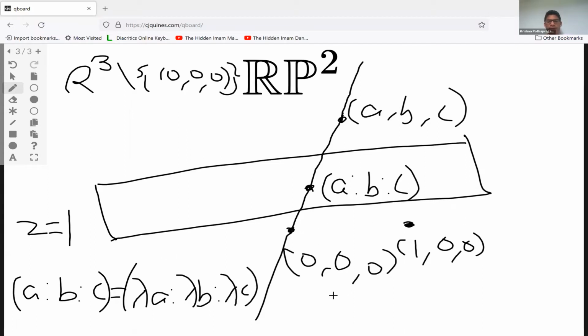You can put in the chat, you can tell me. So like 1, 0, 0. It intersects our plane z equals 1 at the point in the real projective plane 1, 0, 0.